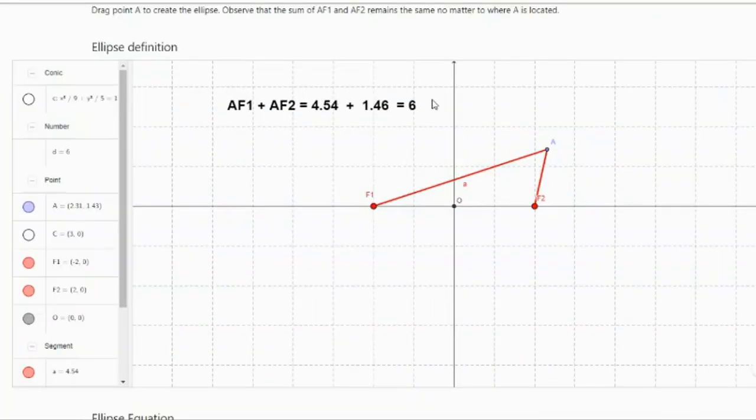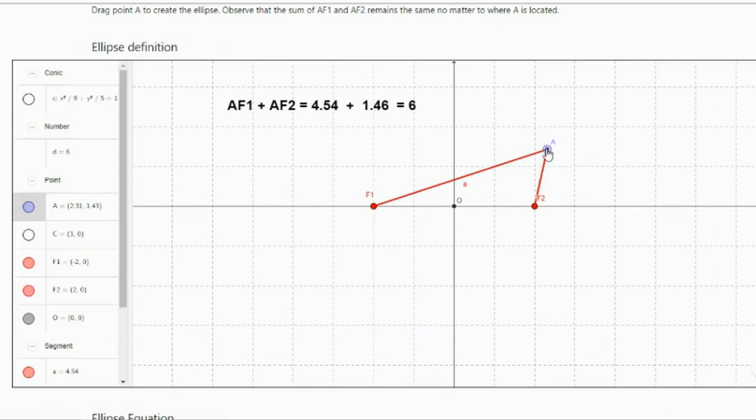This is kind of cool. I'll show you this. All right, so this says the distance from A to F1 plus the distance from A to F2. So the distance from A to F1 is 4.54. The distance from A to F2 is 1.46. So it equals 6. When you add these two distances together, they equal 6.